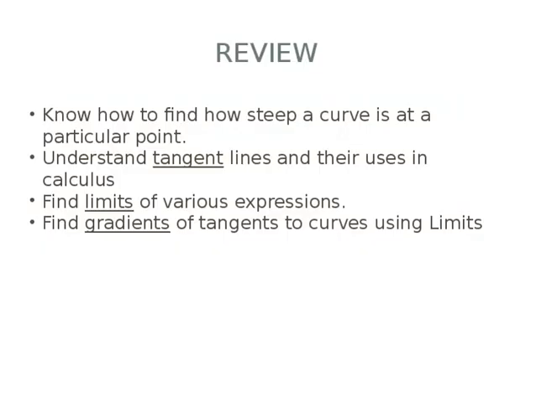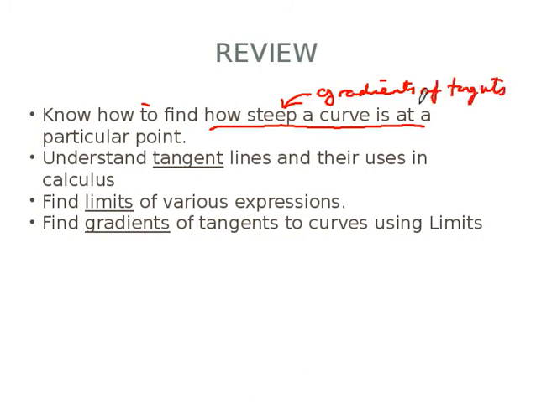All right, I know that was a lot, but basically we now know how to find how steep a curve is at a particular point, because we use gradients of tangents to help us determine how steep that curve is.